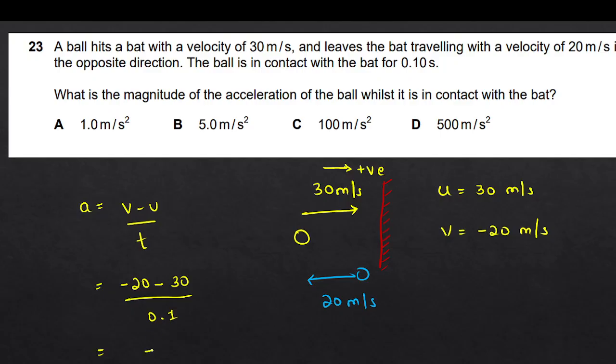So it is minus 50 upon 0.1. This can be written as minus 500 meter per second square. But we should only find out the magnitude of acceleration. So the magnitude of acceleration is only 500 meter per second square. The correct answer is option D.